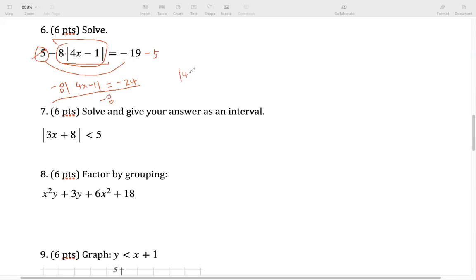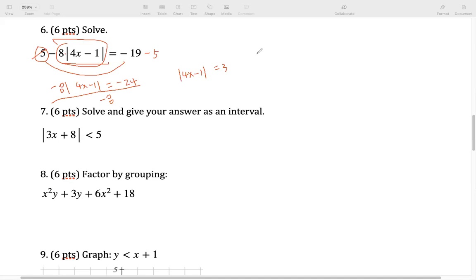Then we have absolute value of 4x minus 1 equals 3. Negative 24 divided by negative 8 is positive 3. So now we're in an ideal situation. So this is the first step. We always want to single out the absolute value expression.